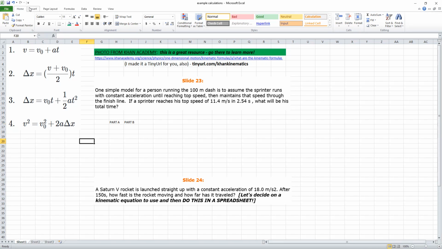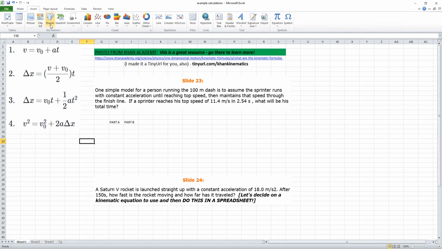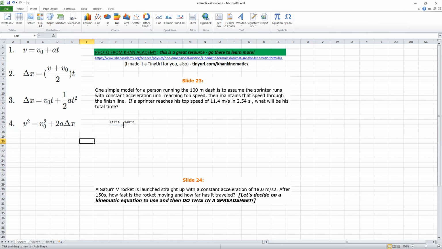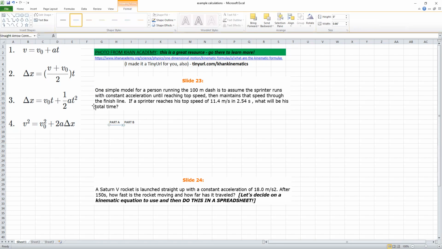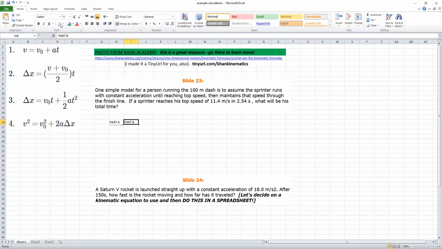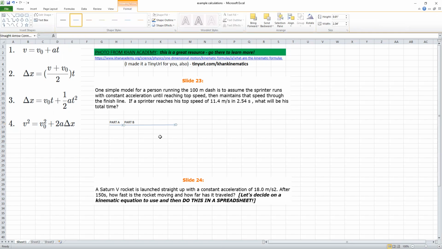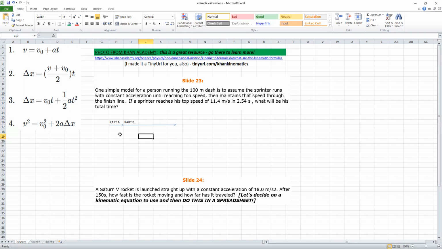And if you wanted to visualize these, it's pretty easy to do. Let's just say travel here, and then we'll do another one. So first part of the trip, second part of the trip. So for part A here, we can say, here's the part A math.